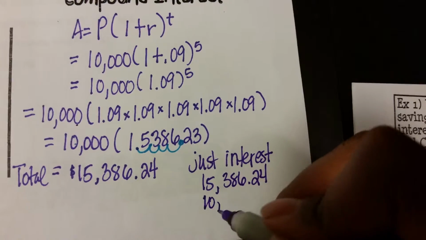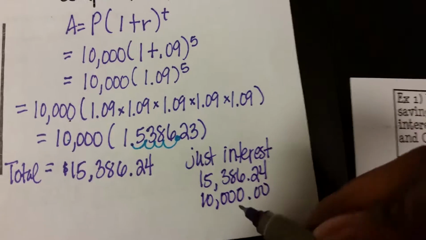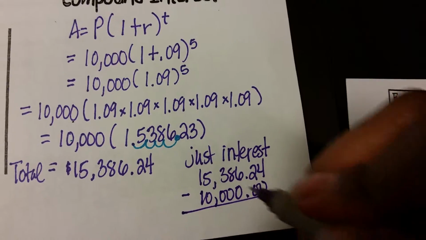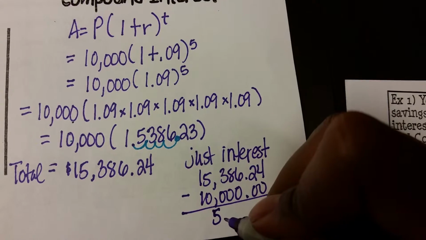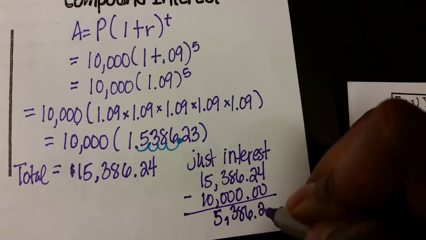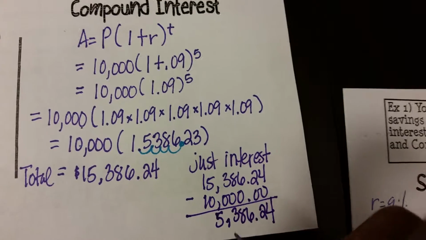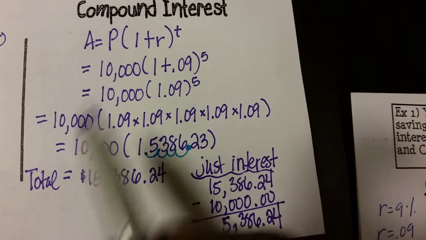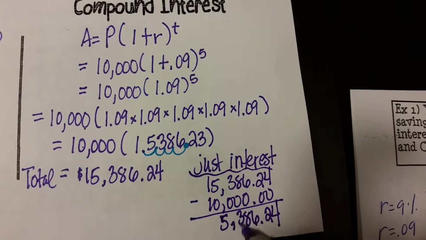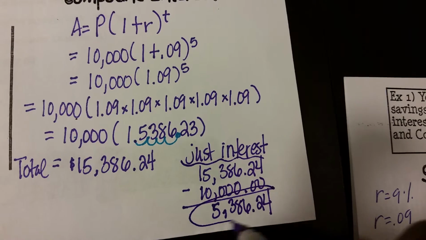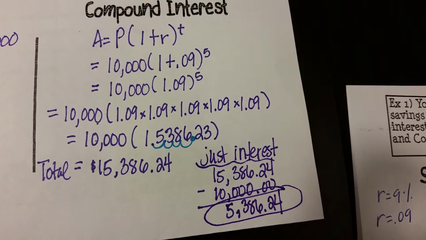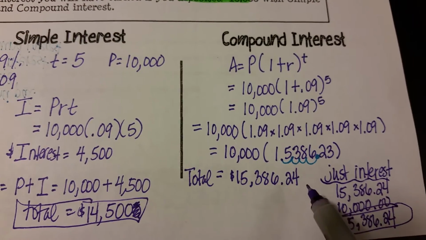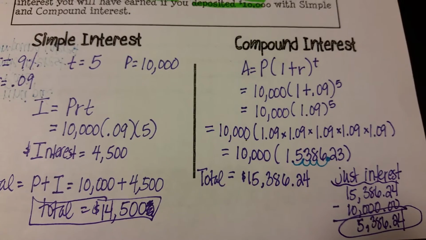But if I wanted to add my principal onto it, well, to see what it was, I would do, okay, that would be my, if I wanted to calculate just what my interest would be, I would take what my total would be here, subtract my principal, and I would get what my interest is to get just the interest. Okay. So here's the way simple, and here's compound. Okay. Now you should be able to do your other two examples on your own.